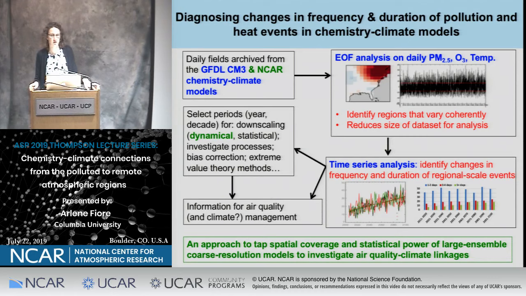This is Jason West's group, who are then running WRF and CMAQ to downscale. Part of the exciting part of that project is that they will then consider some of these feedbacks that are neglected in the coarse resolution model, thinking about, for instance, secondary organic aerosol and potentially wildfires as well.